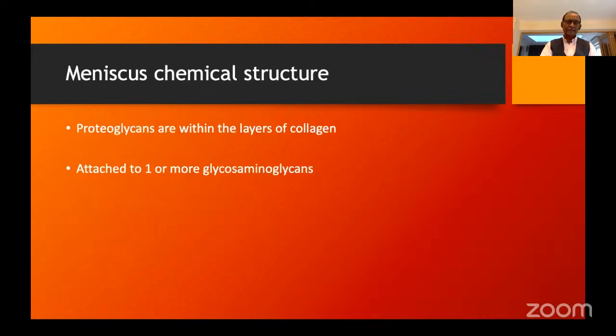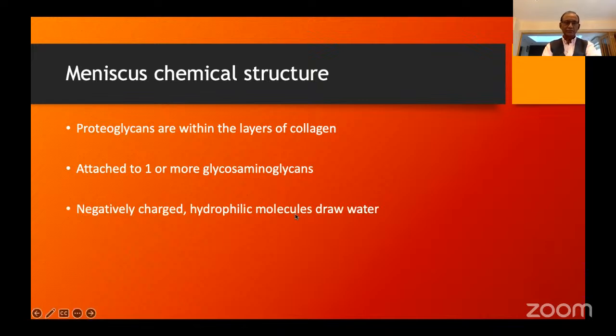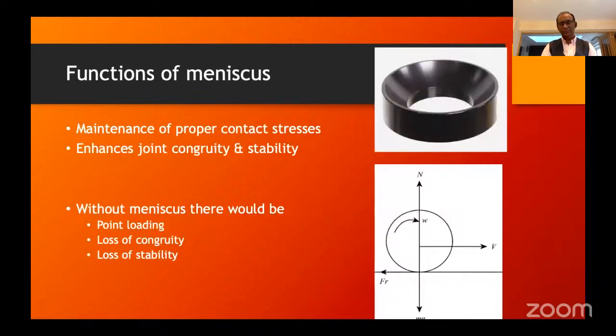Again, I don't want to go into the chemical side of things, but the important one is that the hydrophilic molecules in the meniscus actually suck water inside. So it has got the potential of keeping itself wet, moist, and functional.